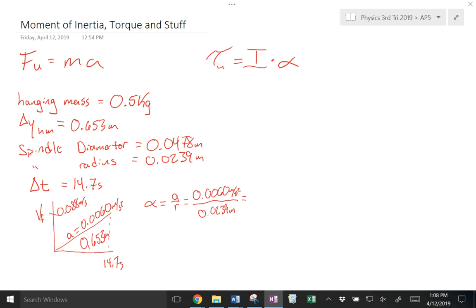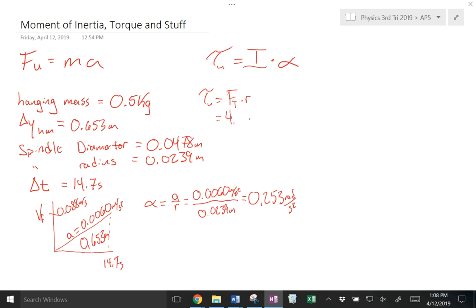Then it was this: the force times the radius. Okay, so then you found the torque of the force on the spindle. Yeah, so then that times that.